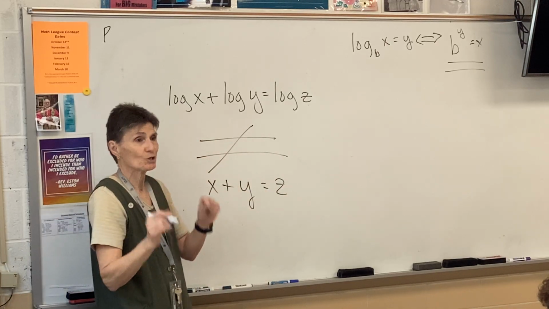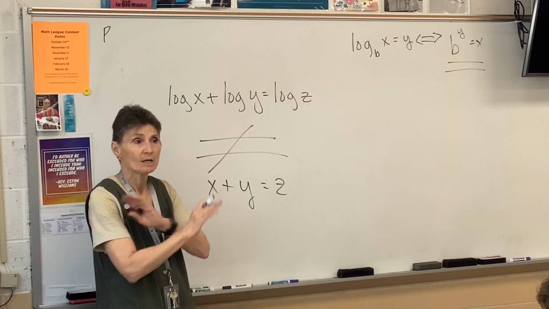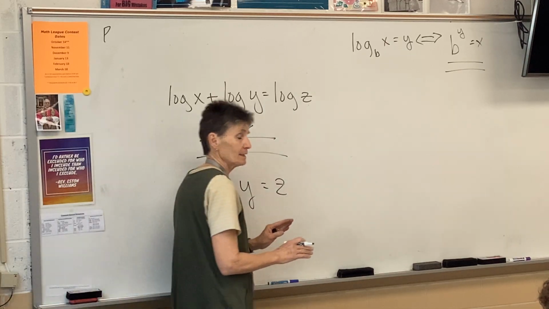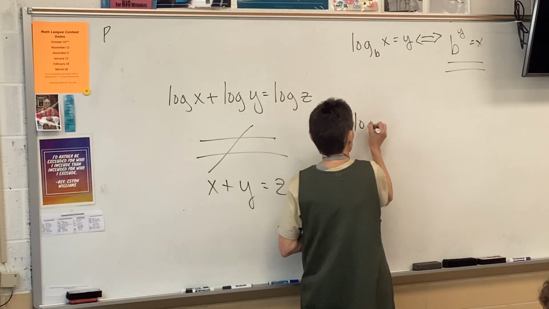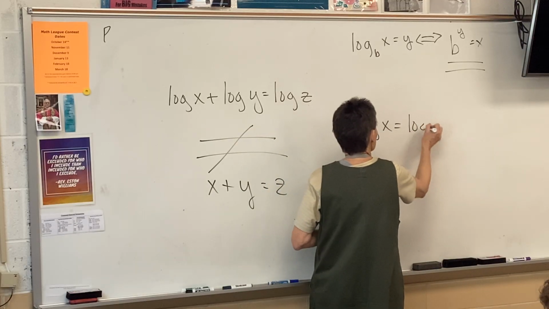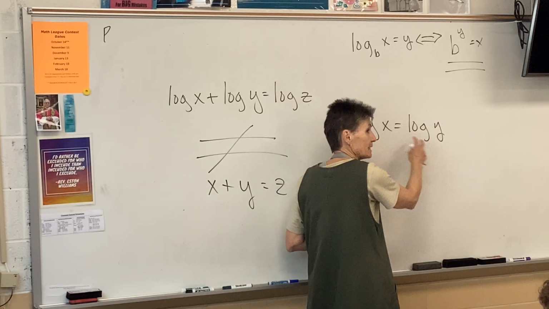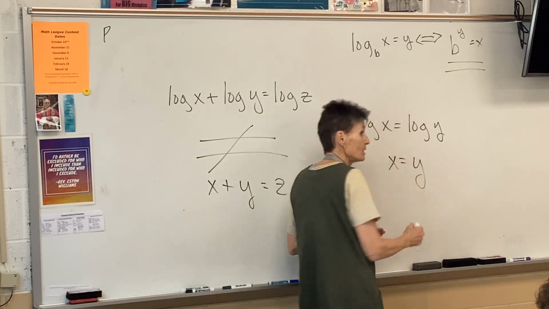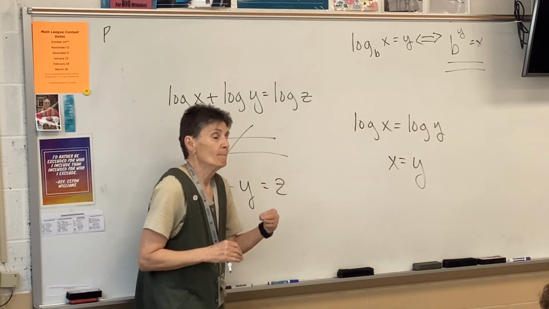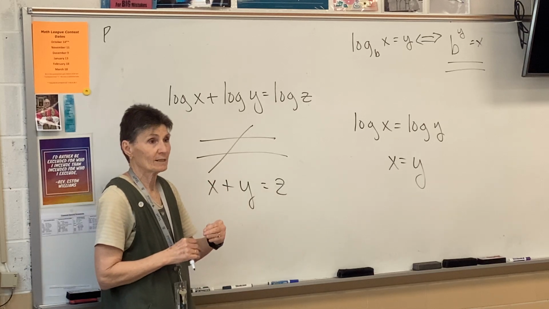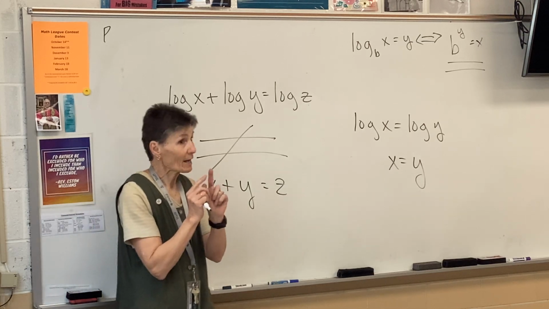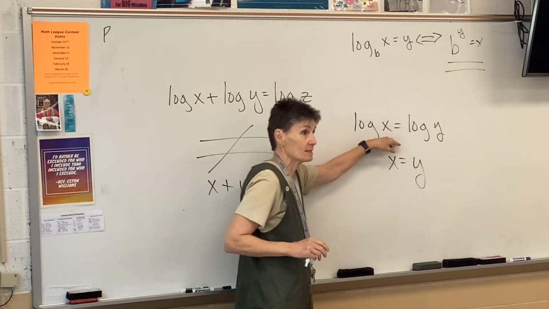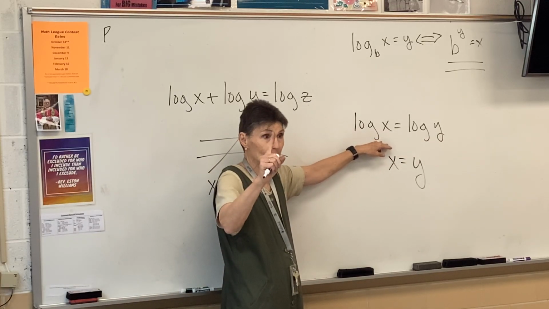You cannot just ignore the logarithms. You can't do it. You are allowed to ignore the logarithms if you have one log equal to another log. Then you are allowed to ignore them. But with multiple logarithms, you got to do the work with the logarithm until you can get it whittled down to this. Okay, got it?